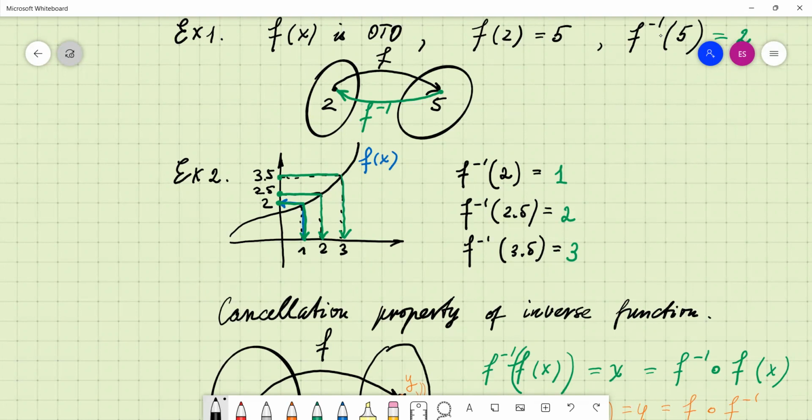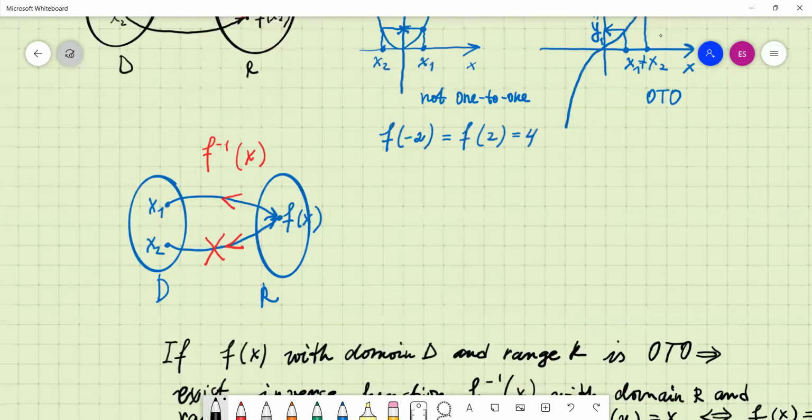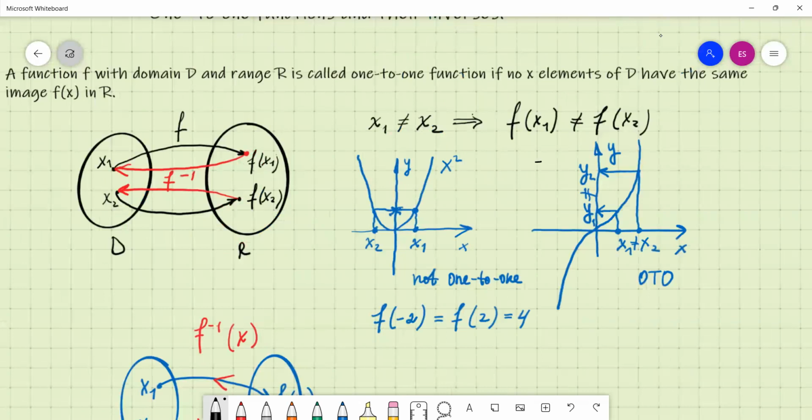If you draw a horizontal line through your graph, the horizontal line must intersect your graph only once. Just look over here. If it intersects your graph twice, it means that for two different x's where it intersects the graph, they're going to have the same y. It's not one-to-one. So this is called the horizontal line test.